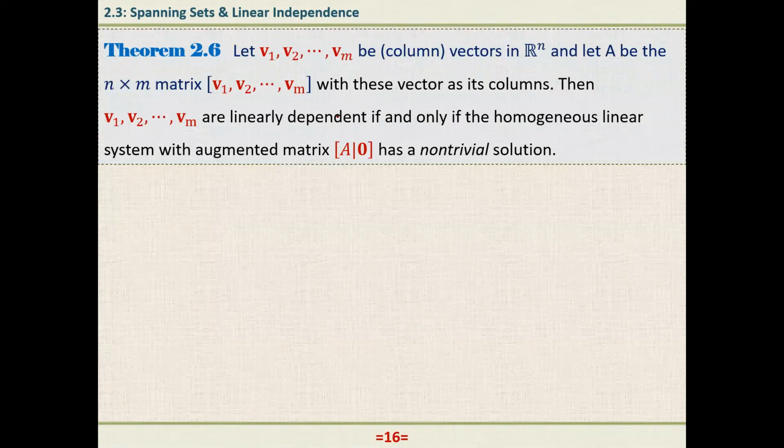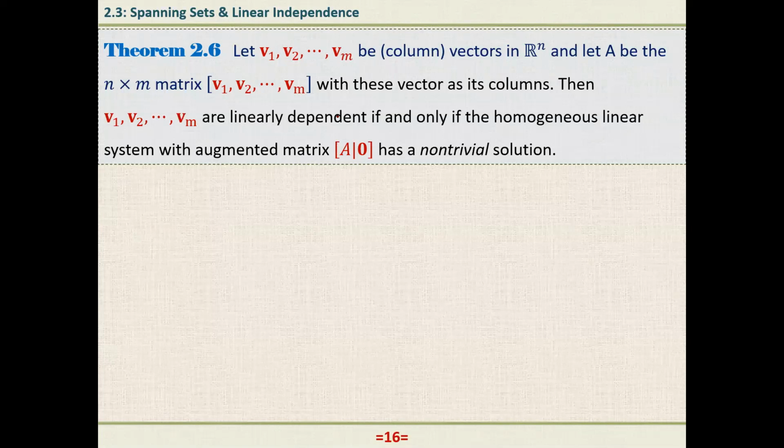Okay. So this theorem says that let V1, V2, up to Vm be given m vectors from n-dimensional space, and these are column vectors. And let A be the n by m matrix whose columns are these vectors, V1, V2, up to Vm. Then these vectors are linearly dependent if and only if the homogeneous linear system with this augmented matrix has a non-trivial solution, right?